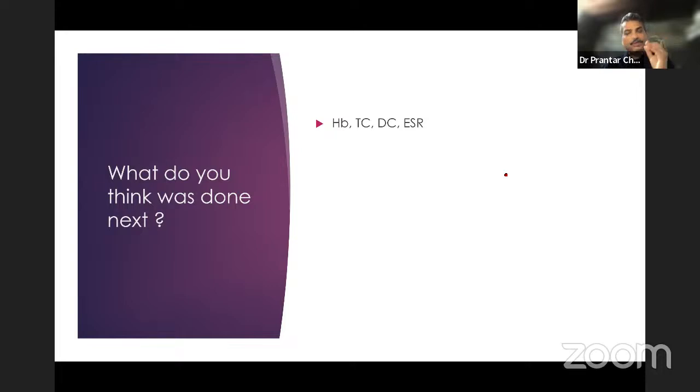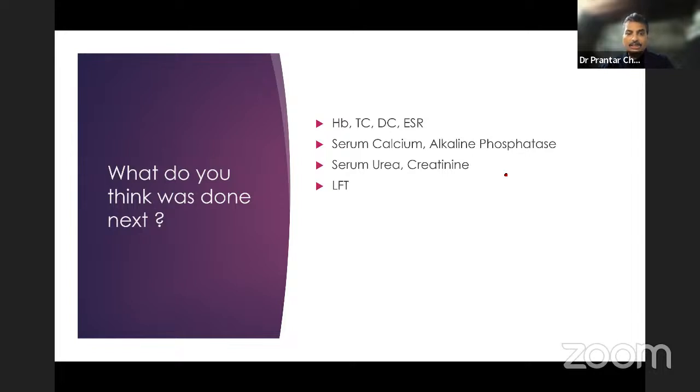ESR. My sincere request to all the listeners today: every lab uses an automated blood counter, so if you ask for a complete blood count, you'll get all the information. Even if you ask for hemoglobin, TC, DC, they'll select out those parameters and give it to you. Then serum calcium, alkaline phosphatase, urea, creatinine, liver function, PT, CT.